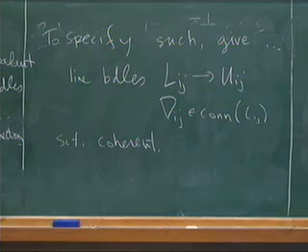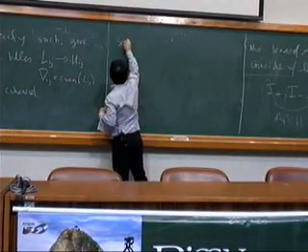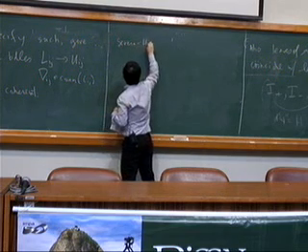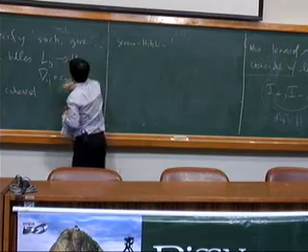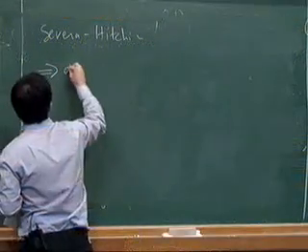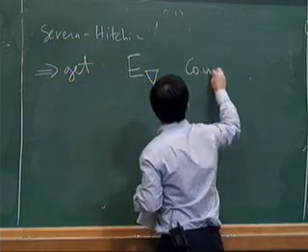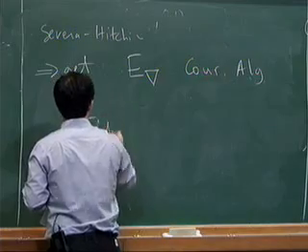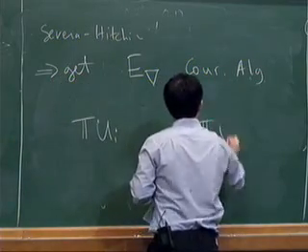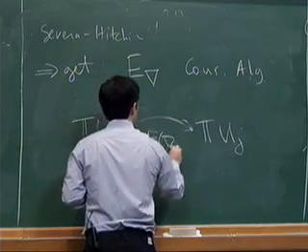Okay? So Cevera and Hitchin observed that out of this data, you can construct a Courant algebroid, which is obtained by taking T plus T star of each open set, Ui and Uj, and gluing them together by the curvature of nabla Ij.